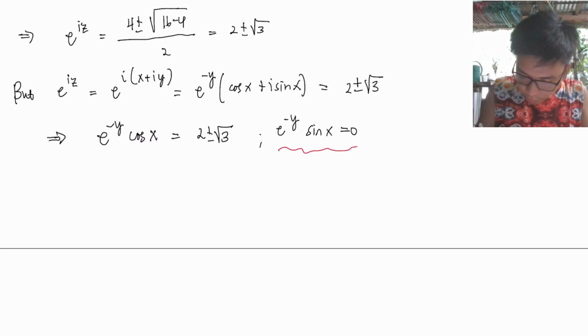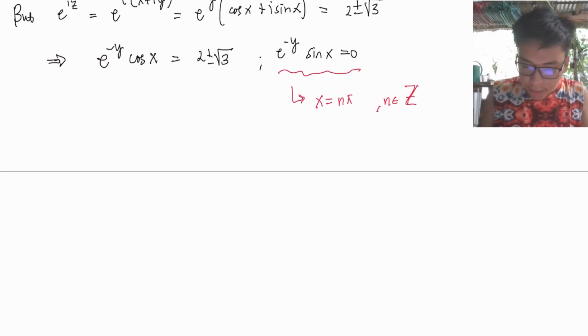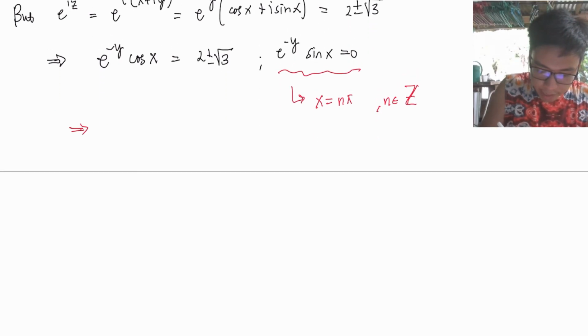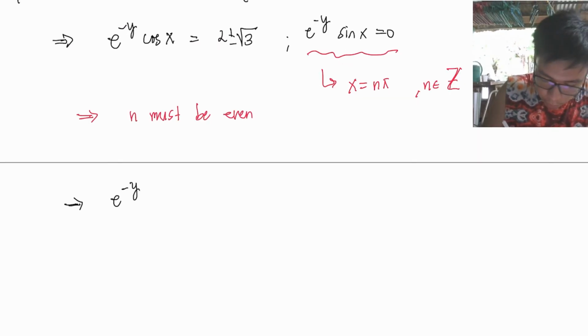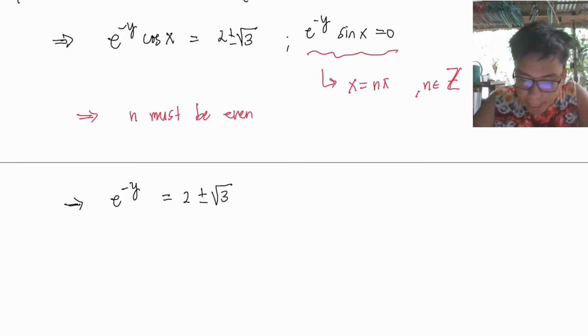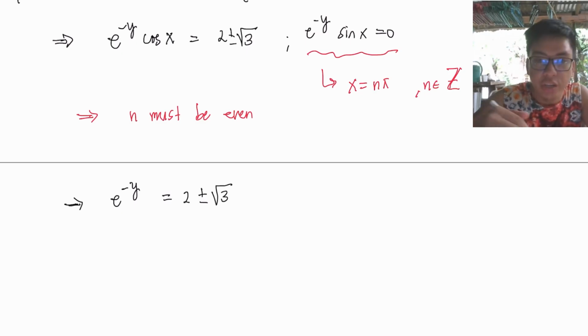Now observe that this implies that x is equal to n pi for some integer n. Since x is n pi, this simply tells us that n must be even. So e to the negative y equals 2 plus or minus square root of 3. Why? Because n must be even, so the cosine of n pi, because x is equal to n pi, is equal to 1.